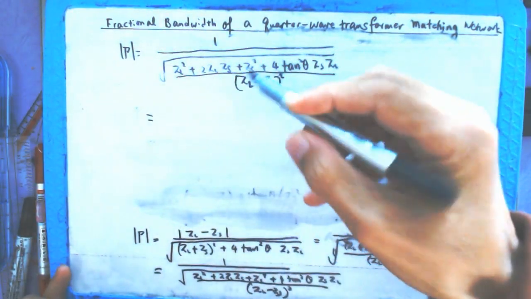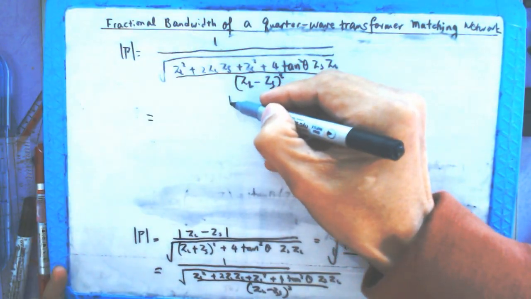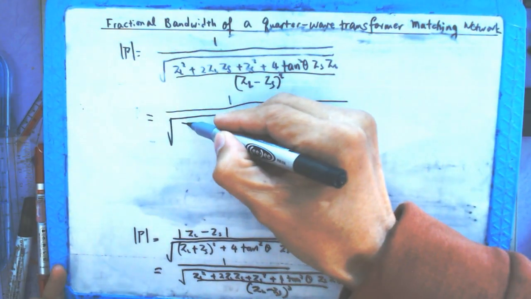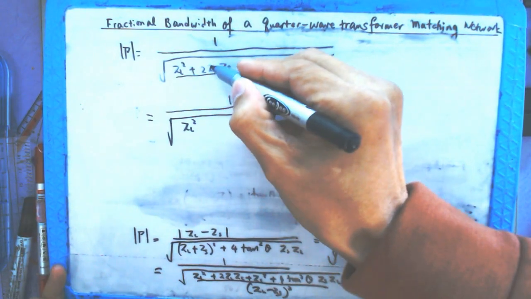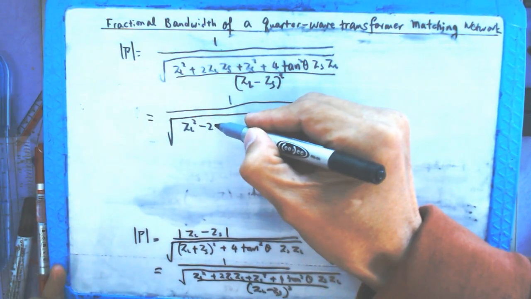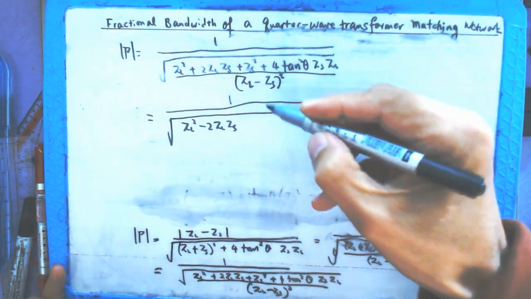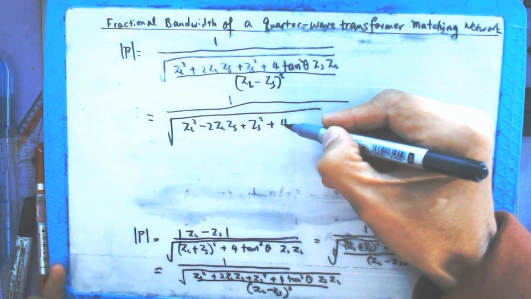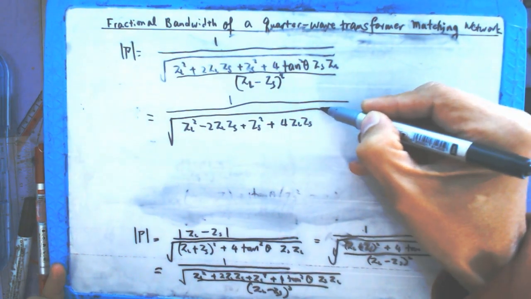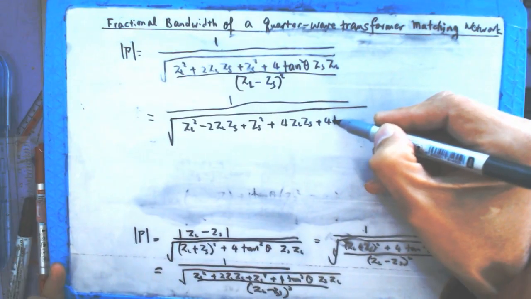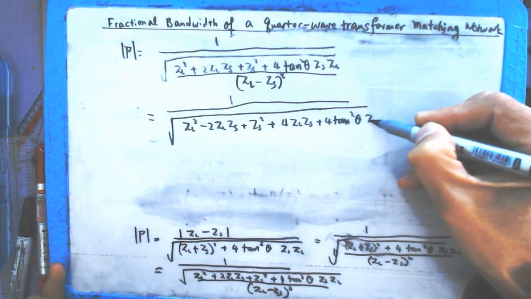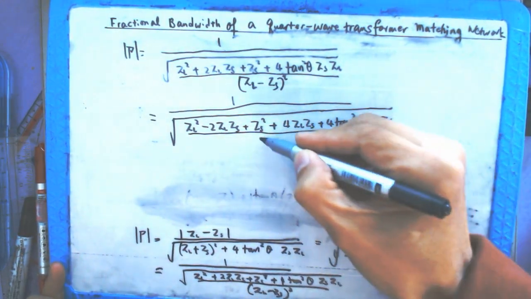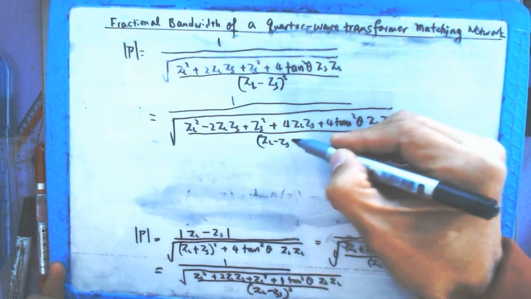So what I'm going to do now is a little bit of an algebraic trick right here. I will just rearrange this in this manner, and then this is what we get.